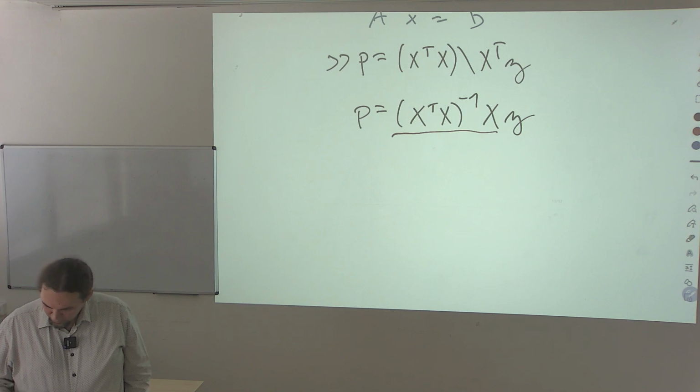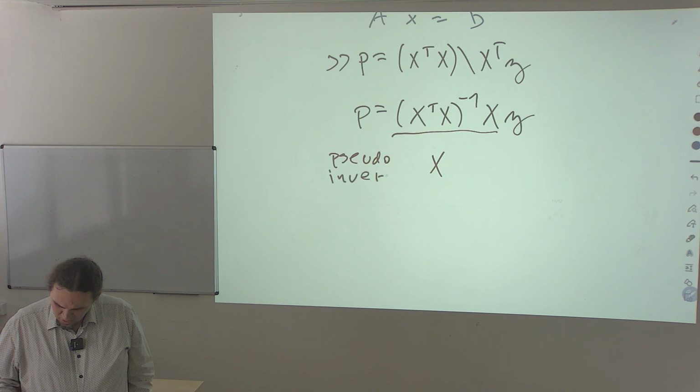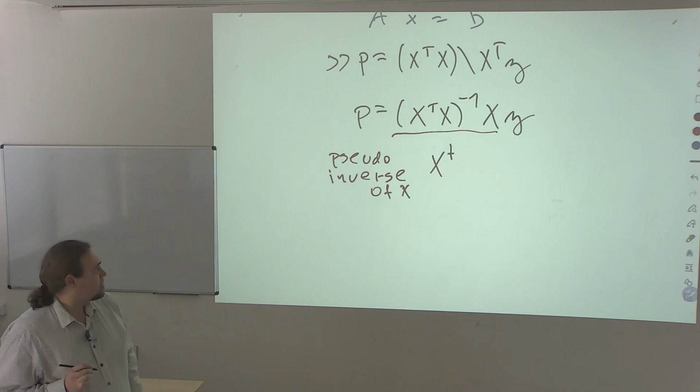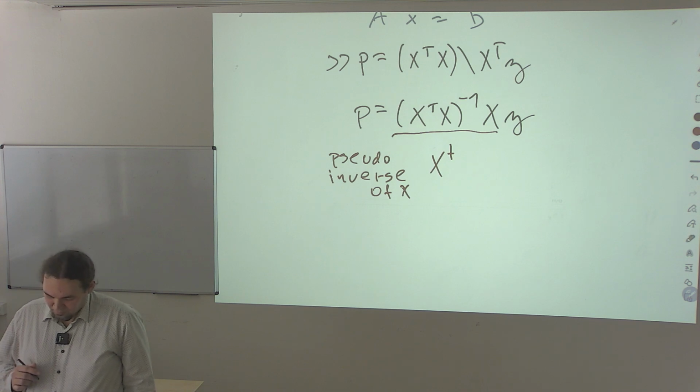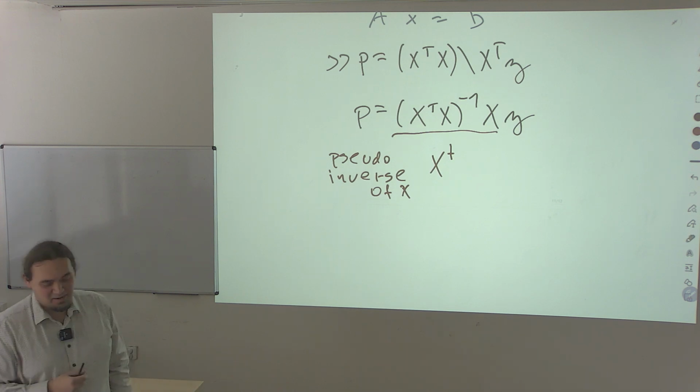And the special name for this whole underlined red thing is the pseudo-inverse of the matrix X. In math it is usually denoted with this kind of dagger, like a little sword if you want to stab somebody.